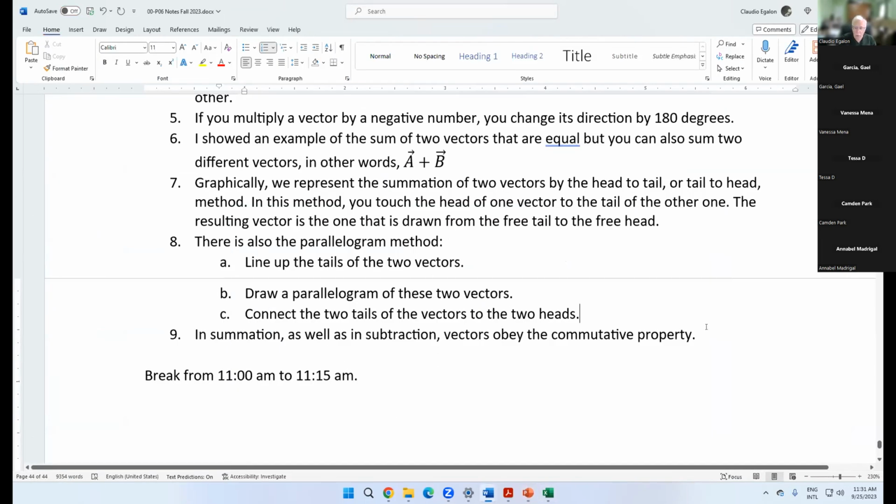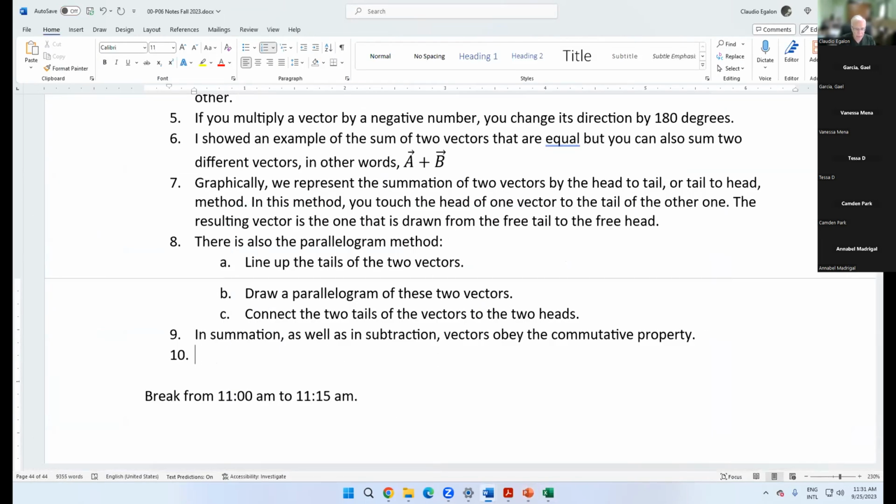When you subtract two vectors A and B, which is A minus B, you must sum A with the negative of B, or A plus parentheses negative of B, right?